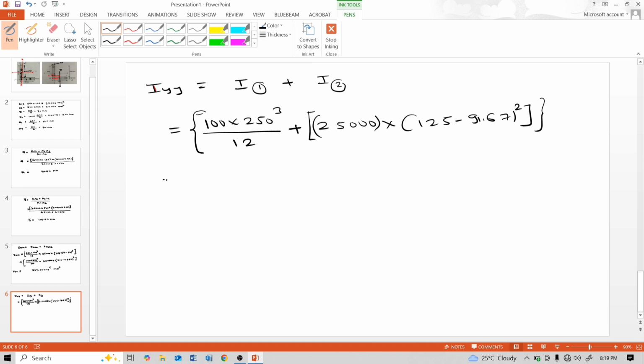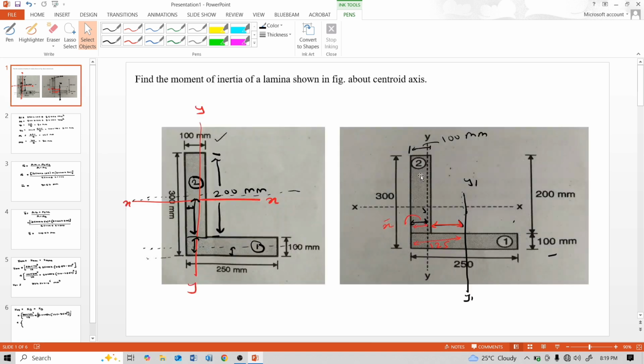Now for the second rectangle, the vertical rectangle. The side parallel to the YY axis is 200, so 200 as it is multiplied by 100 cubed by 12.